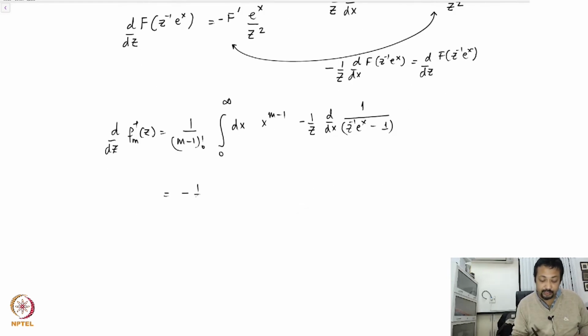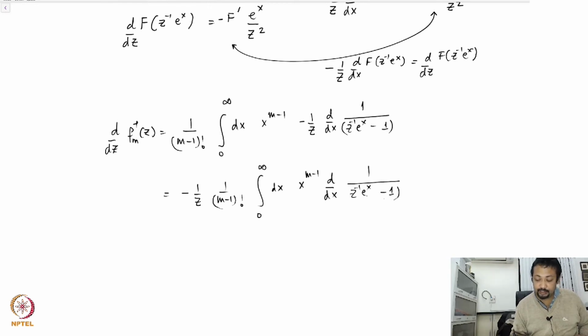So this is minus 1 over z, 1 over (m − 1) factorial, integral 0 to infinity dx xᵐ⁻¹ d/dx of 1 over (z⁻¹eˣ − 1). Now let's integrate by parts.